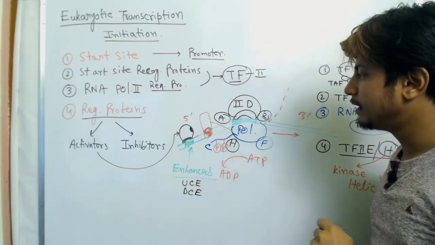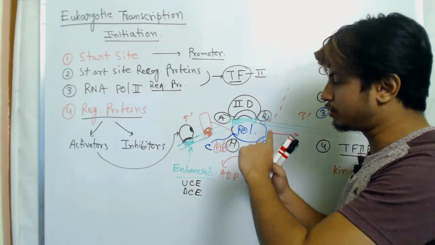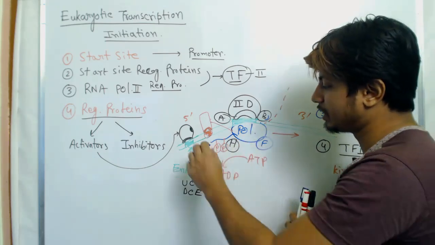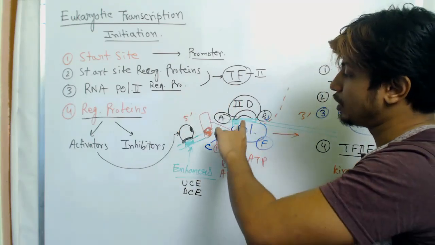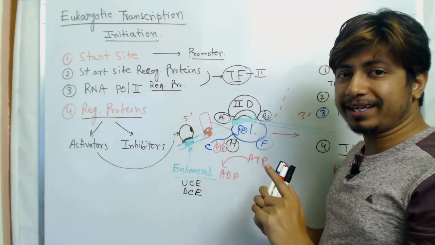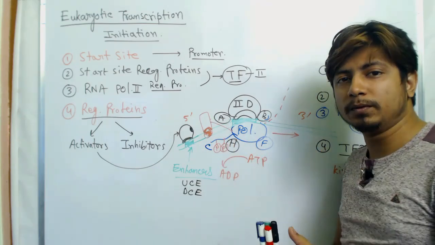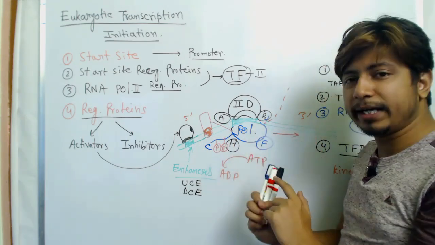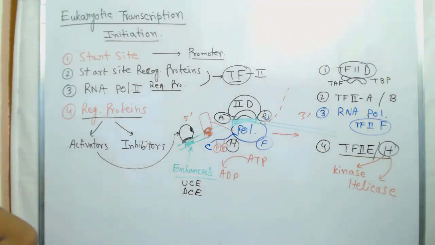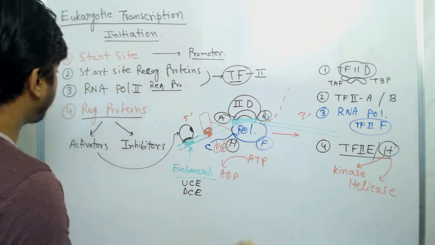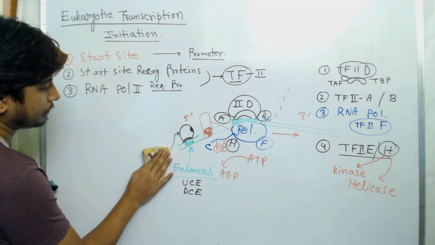The answer is yes, they are placed distantly, but they need to be interacting. For the interaction of activator with polymerase or repressor with polymerase, sometimes the eukaryotic DNA needs to be folded, forming a loop. Once the loop structure is formed, they can bring the structures close to each other. Let me show you how the loop structure is formed. Here.